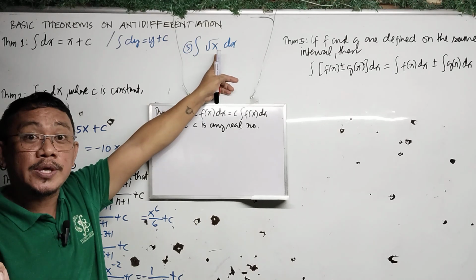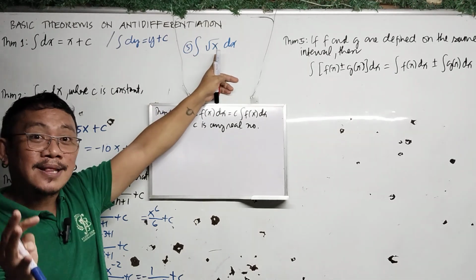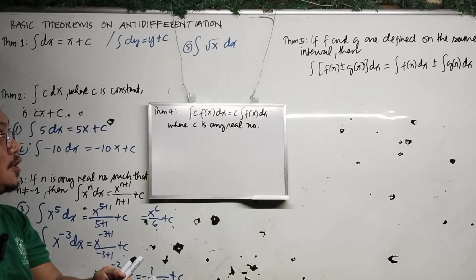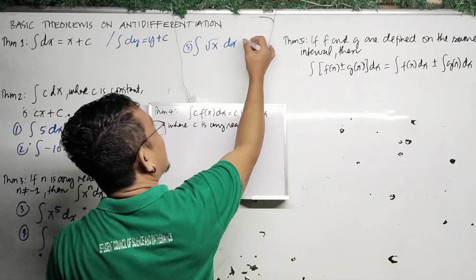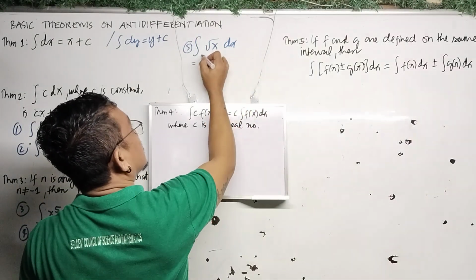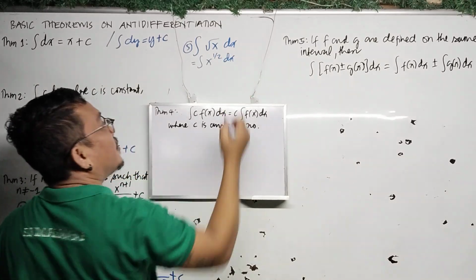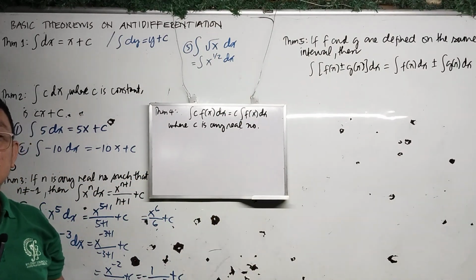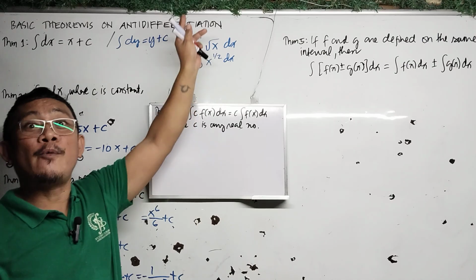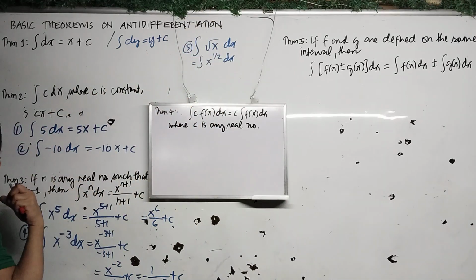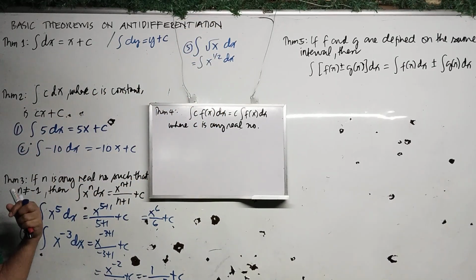So what we're going to do here is rewrite this in its equivalent form. We can write it as the integral of x to the power of 1/2 with respect to x. Now we have x to the power of 1/2, so we will use the power rule, which is theorem 3.